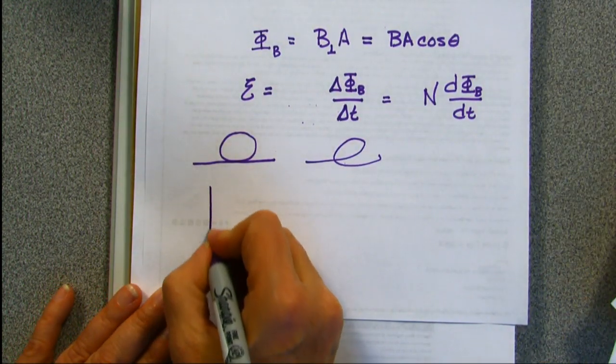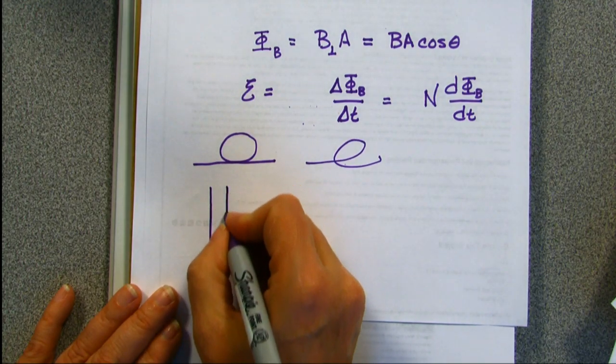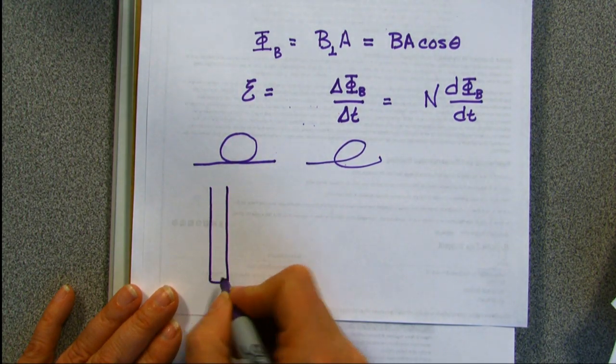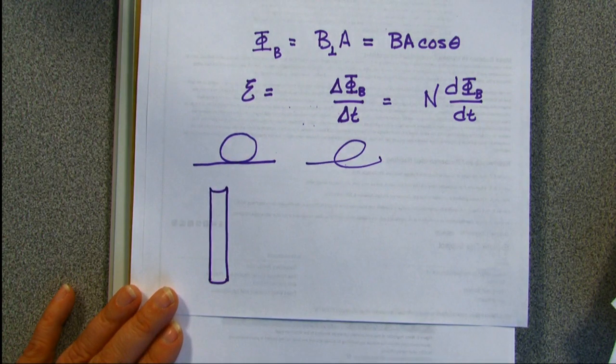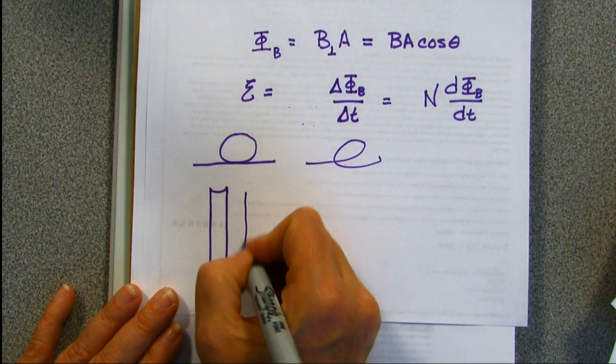Lenz's law. If I did a Lenz's law tube experiment, I have a tube, and if I drop a marble down the tube, just a good old marble, the marble is just going to fall straight through.